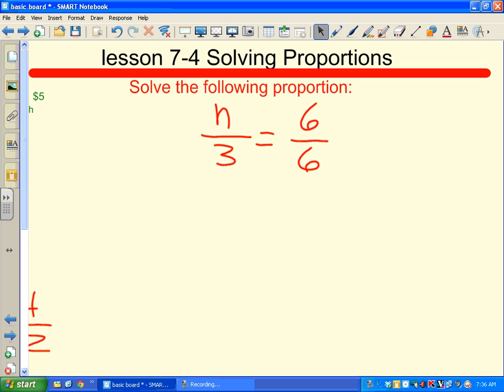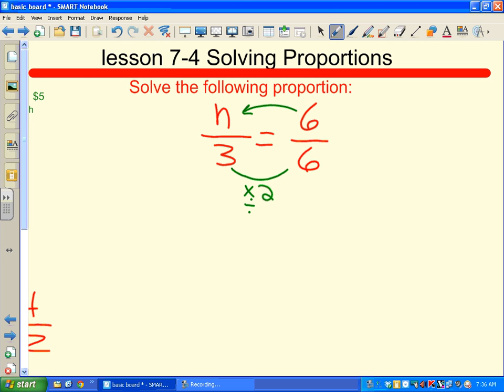We have n over 3 equals 6/6. Now right away, this should be pretty obvious what it is. But let's go ahead and take a look at it. To get from 3 to 6, I needed to multiply by 2. Okay. Remember, it's multiplication or division. It's a two-way street. If I go from 6 to n, am I going to multiply by 2 or am I going to divide by 2?